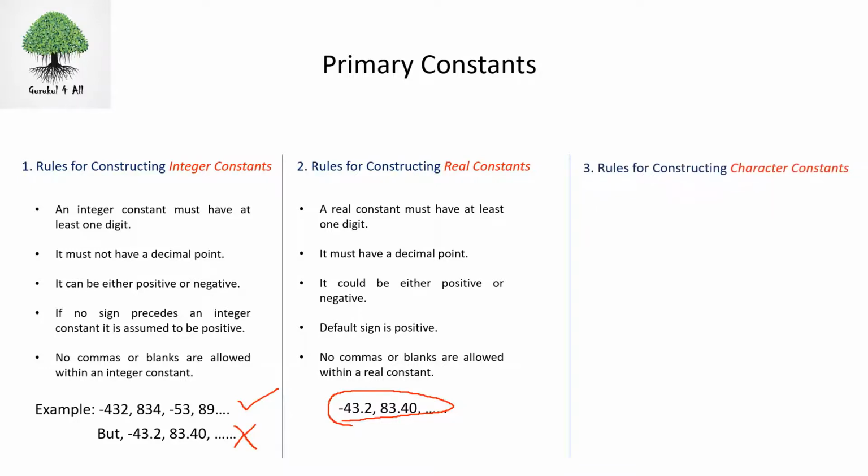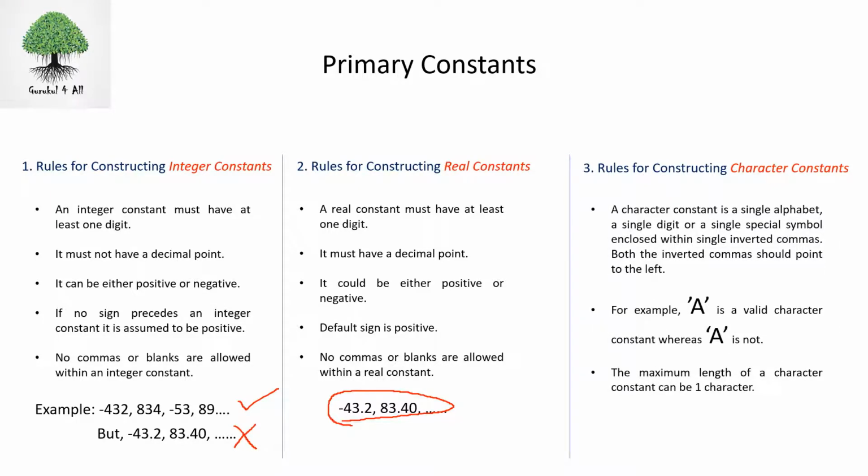Next, we will move to character constants. As you can see, the character constant is a single alphabet, but always we have to put the alphabet in the inverted commas, and that also not double inverted, single inverted commas. For example, as you can see, A is inside single inverted commas, and here also the A is in single inverted commas. But what is the difference?